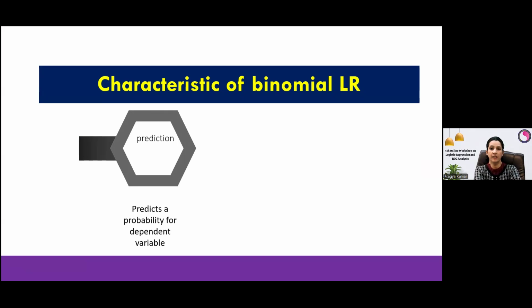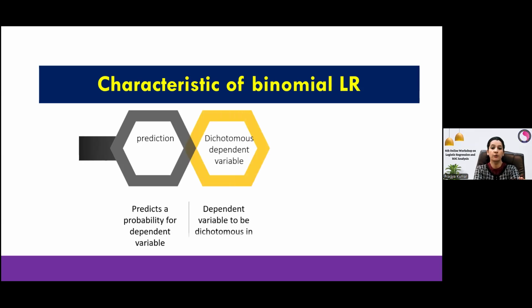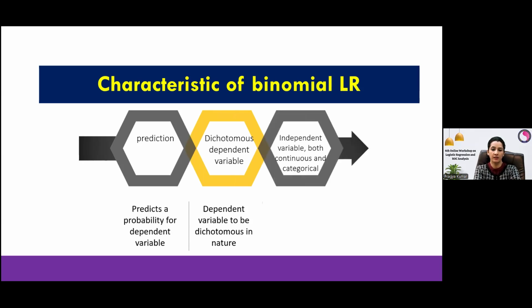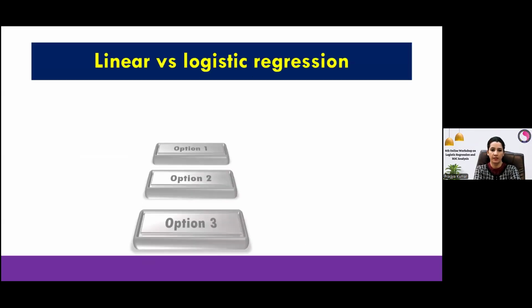There are other types of logistic regression, like ordinal, multinomial, and conditional logistic, which we will discuss later. Today we are going to discuss the binomial, where the dependent variable is a category having two categories. The dependent variable is dichotomous in nature, and that's why it is binomial logistic regression. The independent variable can be both continuous or categorical.